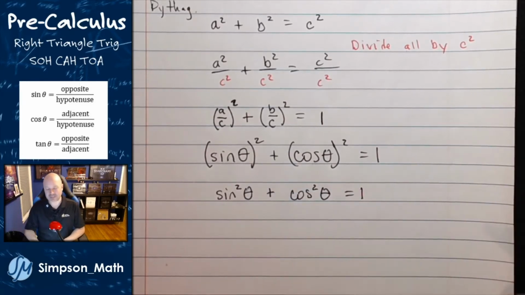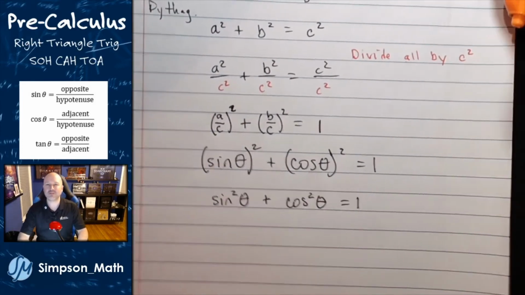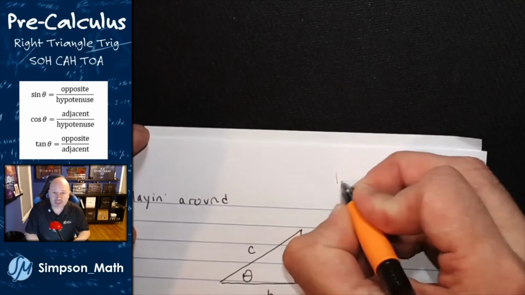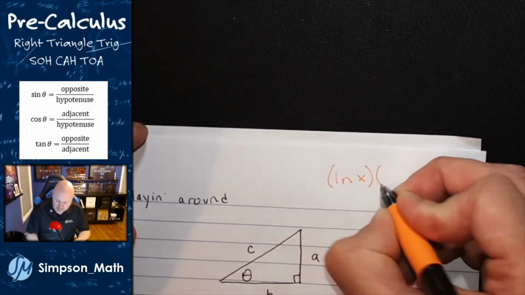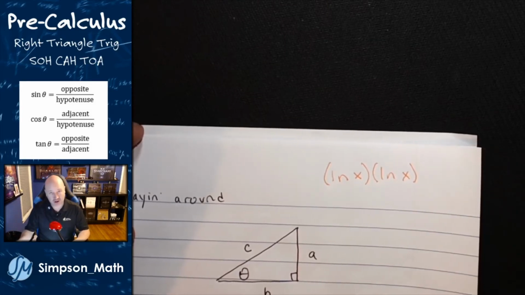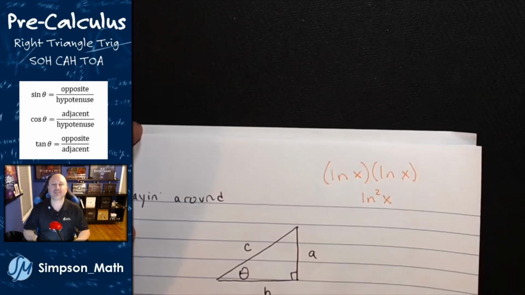You may have done something similar with logarithms. Typically, you don't do too much of it in a college algebra setting, but you may have. If you have the natural log of x and you multiply it by the natural log of x, that's the natural log of x squared. But we call that ln squared of x.